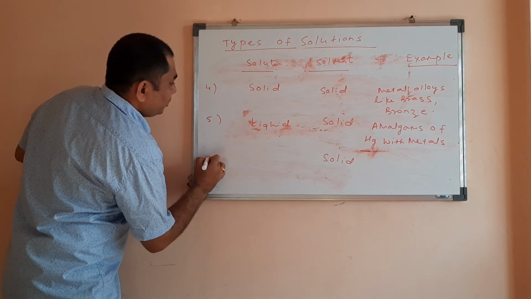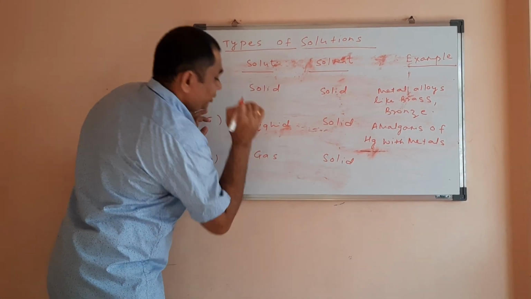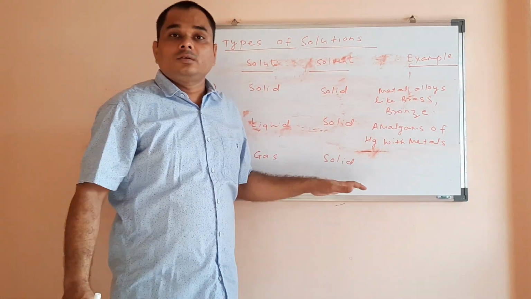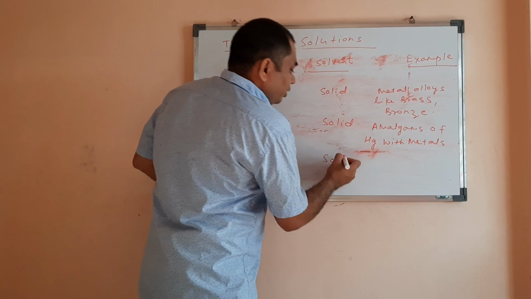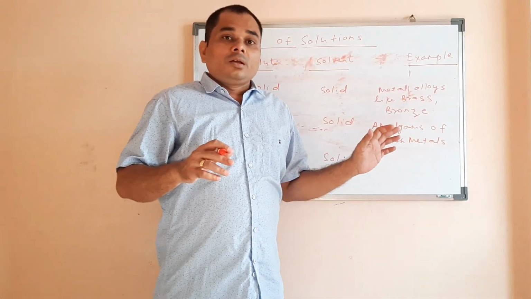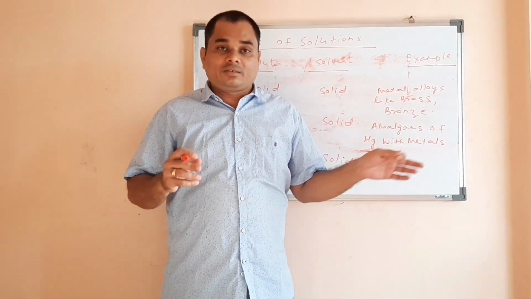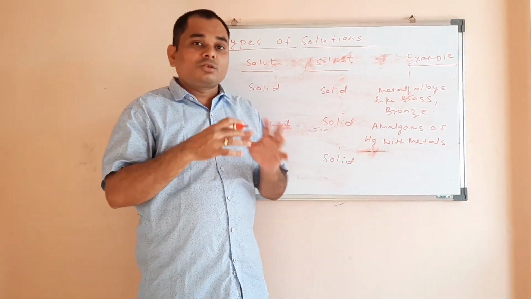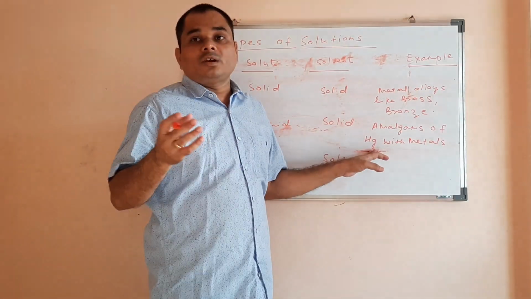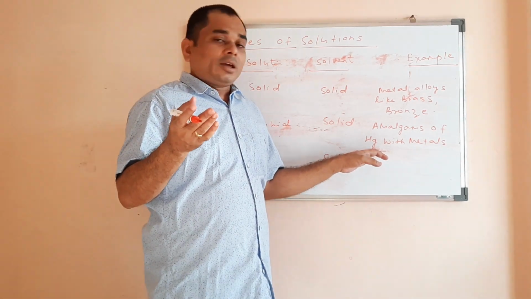Then the next type is gas in solid. Here the solute is gas and the solvent is solid. You must have come across this type of solution when you studied different catalytic reactions. In catalytic reactions, a solution is formed of the catalyst, which is generally solid, like palladium or nickel.